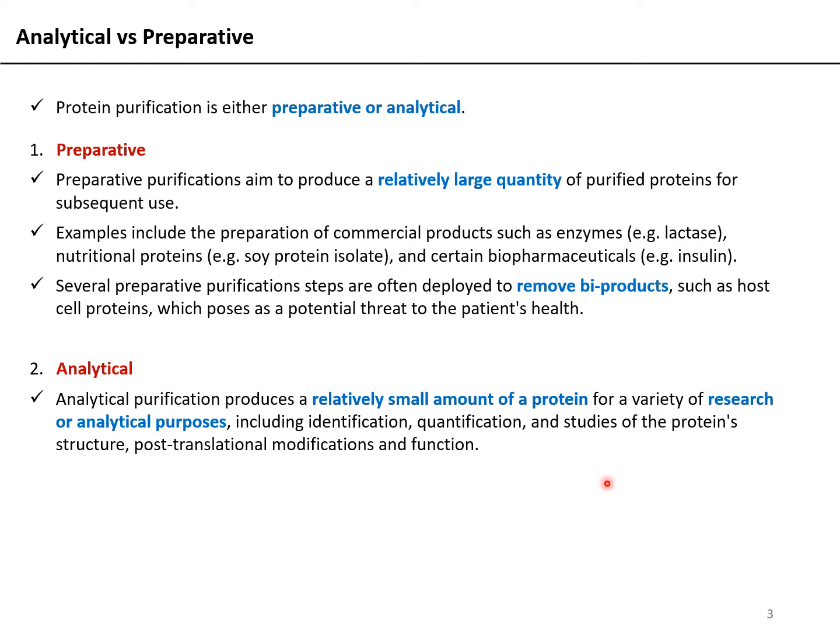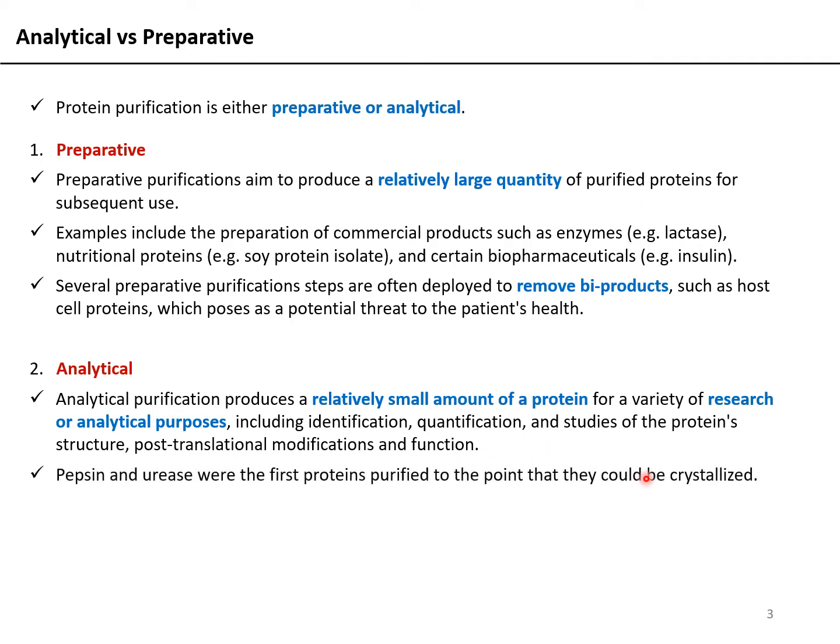So essentially, the purification that we do in laboratories can be classified as analytical purification, where we purify a protein so that we can do further studies with it, and we do not require such large quantities of protein as we would otherwise be purifying in preparative grade. Analytical purification includes identification, quantification, and studies of the protein's structure, post-translational modifications, and functions.